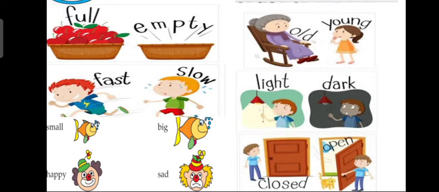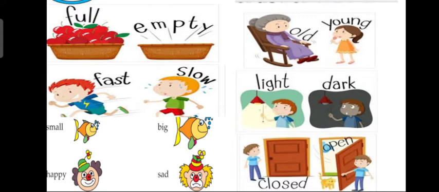Next, a boy is running very fast and the other boy is slow, just walking. So the opposite of fast is slow. Very good. Next, a small fish and the other is a big fish.